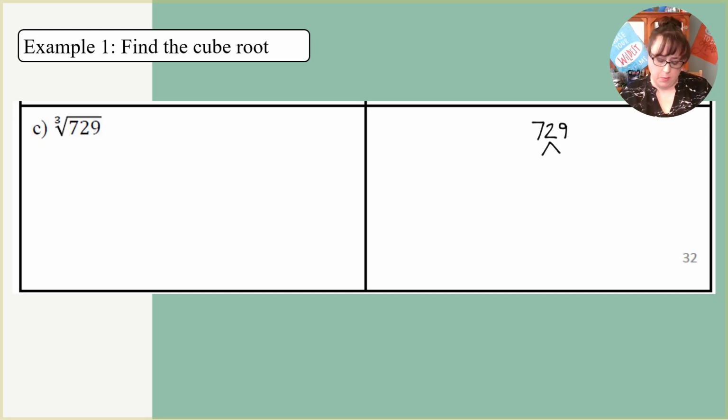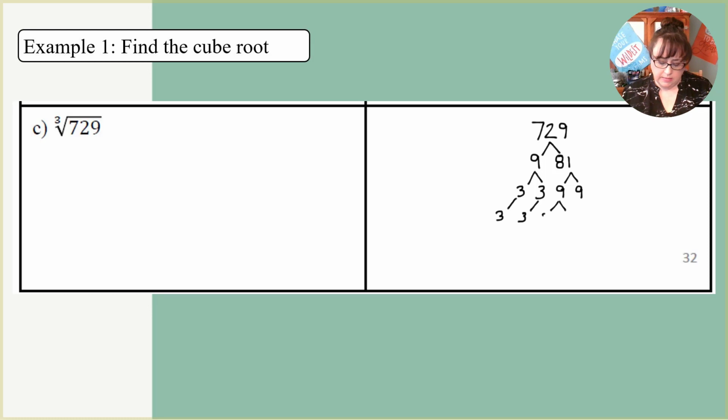So I know it's divisible by 9 by my divisibility rules. And so it's 9 times 81. And so 9 I know is 3 times 3. And 81 I know is 9 times 9. So I'm going to keep bringing my 3's down, so I'm only looking at one level when I'm done.